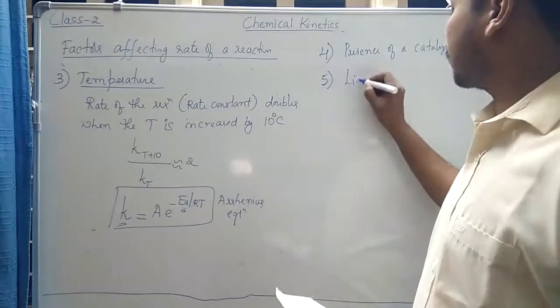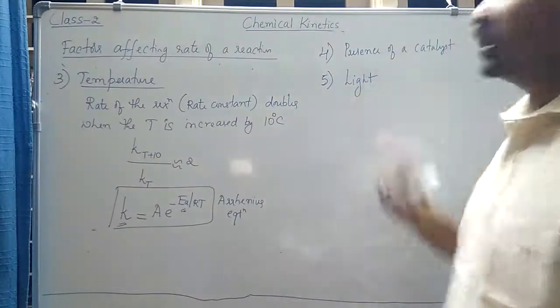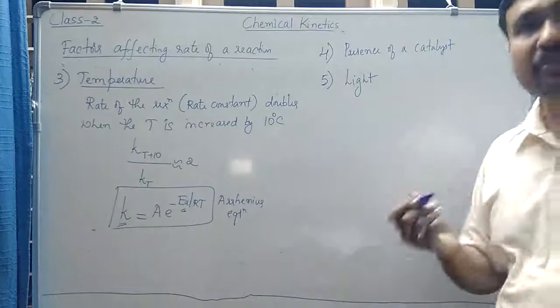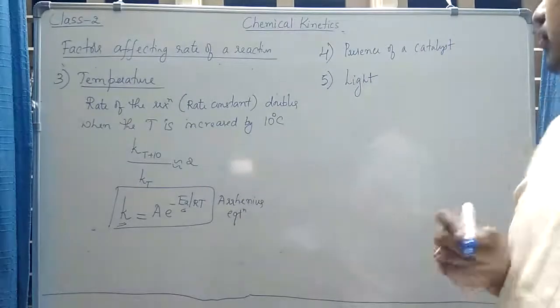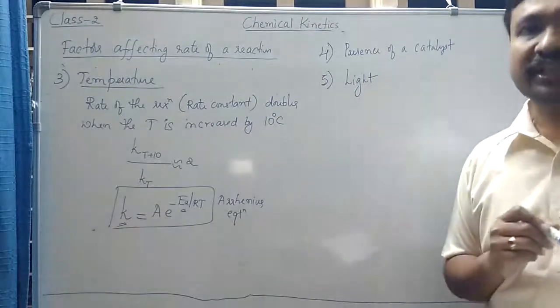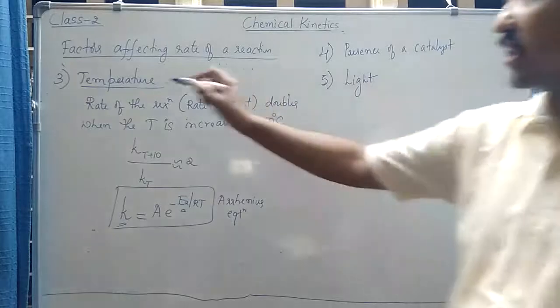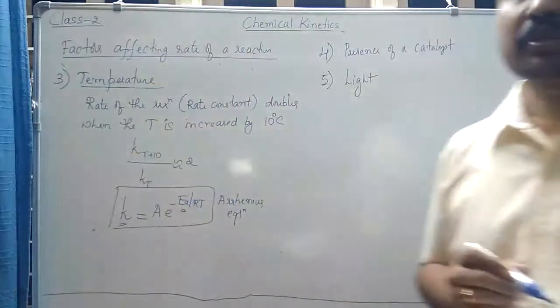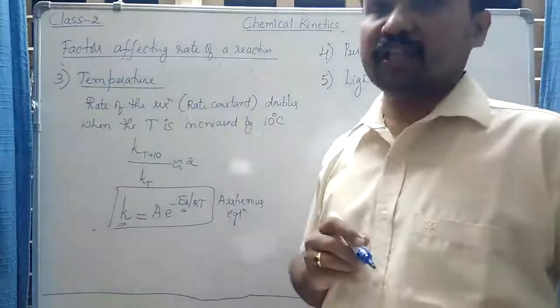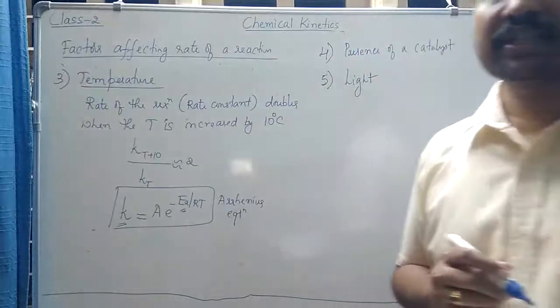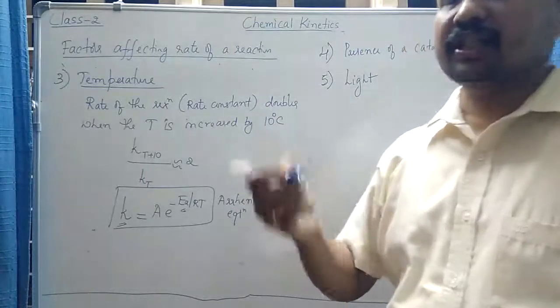There is one more important factor, that is light. Light may also affect the rate of the reaction. Why? Because light is also a form of energy, just like heat. Temperature is nothing but a measure of heat, so when you are increasing the temperature, you are increasing the heat energy.